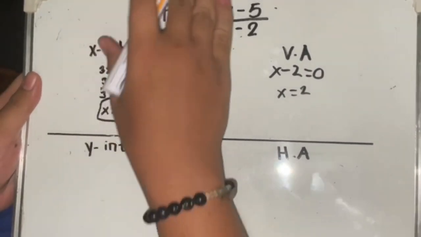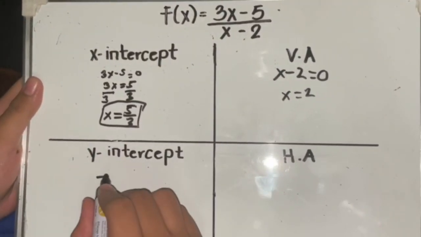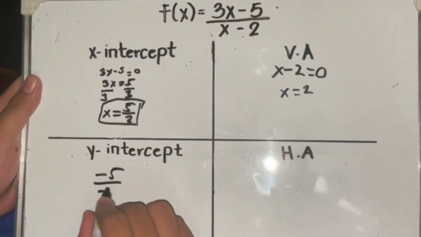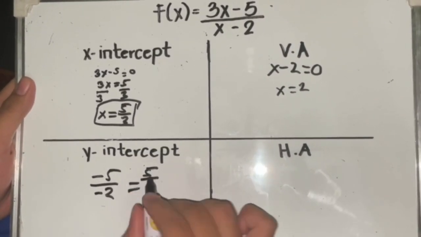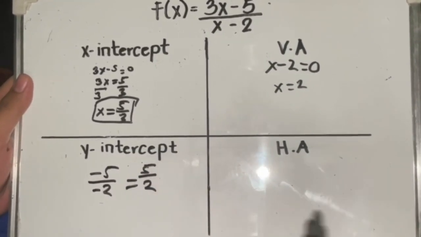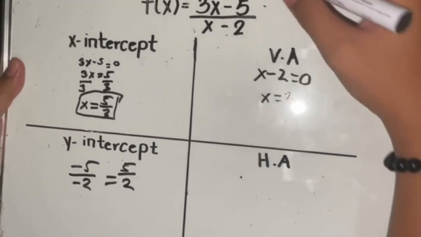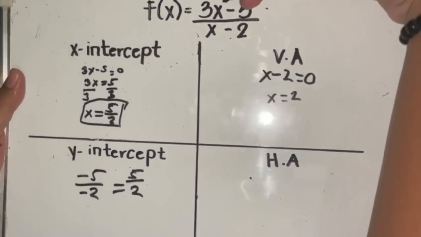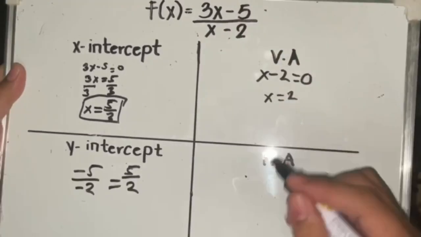Y-intercept: cover the x, so negative 5 over negative 2 equals positive 5 over 2. And for the horizontal asymptote, we look at the x in the numerator and denominator.